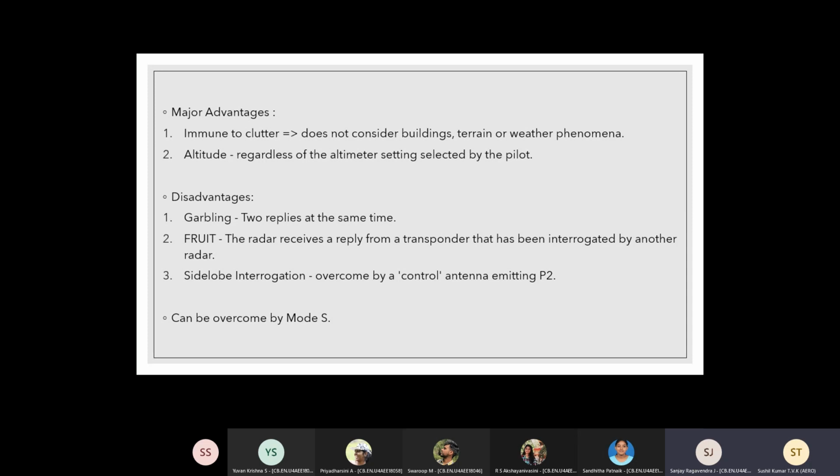Probably one is at 5 kilometers, another is at 50 kilometers, and both are helicopters, stationary, just to keep things simple. Whenever the radar beam crosses east, both are going to reply. Though they are displaced in time, when you see the complete format of the reply, there is always a possibility that you'll have interleaving of pulses.